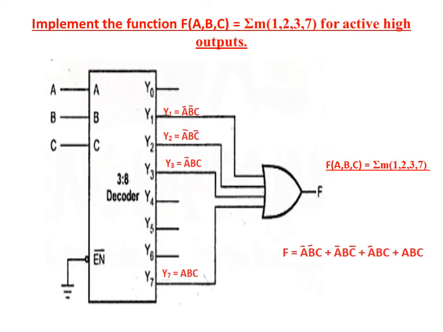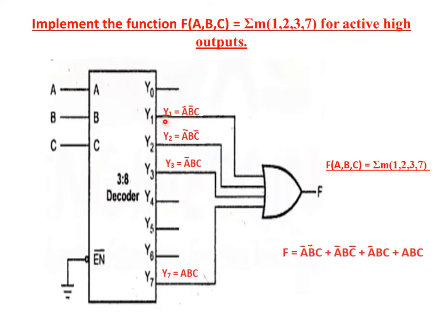Implement the function F of A, B, C equals sum of minterms 1, 2, 3, 7 for active high output conditions. Here we are drawing the 3:8 decoder with the three inputs A, B, C and outputs Y0 to Y7. Each output gives us a minterm. Our outputs are 1, 2, 3, 7.